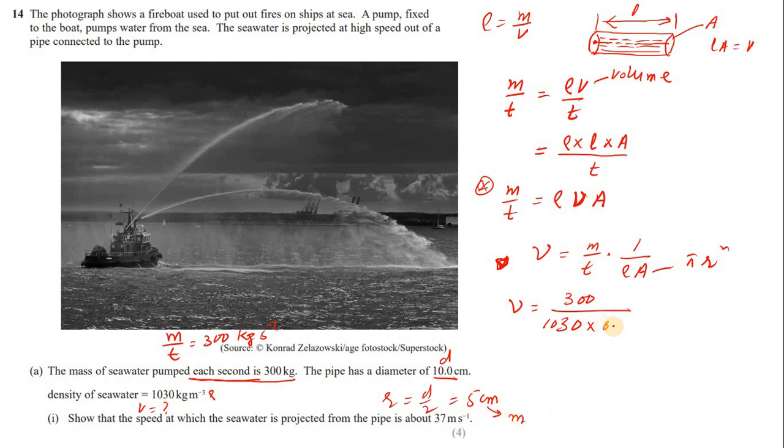So 0.05, 5 divided by 100 in meter, squared. I forgot pi, so you can write pi here. So density times area, pi r square. Once you solve that, v would be equal to 37.1 meter per second. This is the velocity.